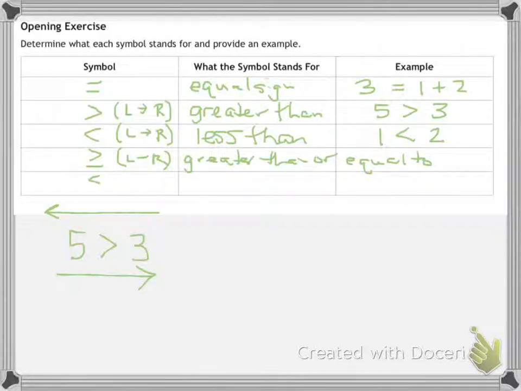And the last one, less than or equal to. If we read from left to right, this means less than or equal to. Okay, little reminder about what all of those symbols stand for. So when we encounter them in our true and false number statements, we can tell exactly what they mean.